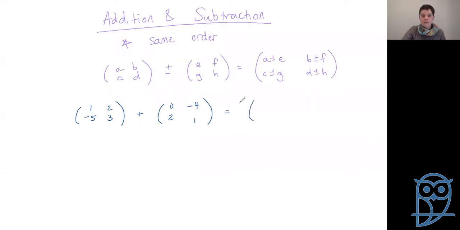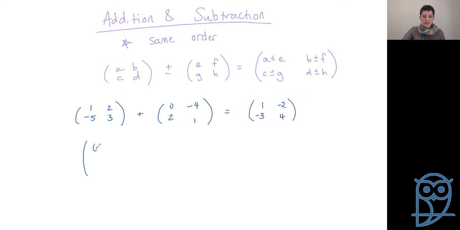In that top left position, we would have 1 plus 0, so we'd have a 1. We'd have a minus 5 plus a 2, so minus 3. We'd have 2 plus a minus 4, so a minus 2. And we would have 3 plus a 1, giving us 4. So you're just combining those elements which are in corresponding positions.